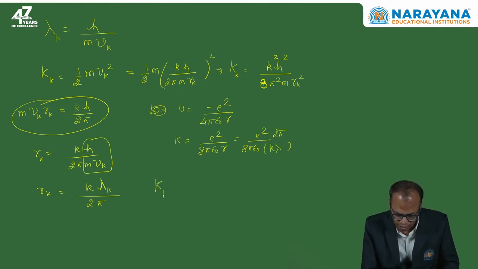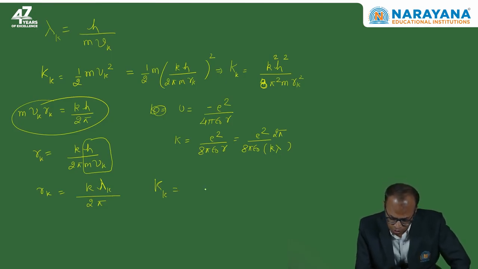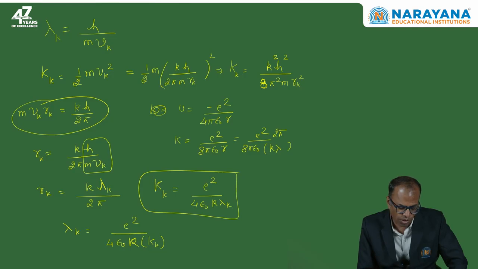So the kinetic energy in the kth orbit now is, I will get in terms of this. So this is E square by 4 epsilon naught k times lambda k. Yes, this is the useful relationship. So lambda k will come out to be E square by 4 epsilon naught k times the kinetic energy in the kth orbit. This k is principal quantum number.